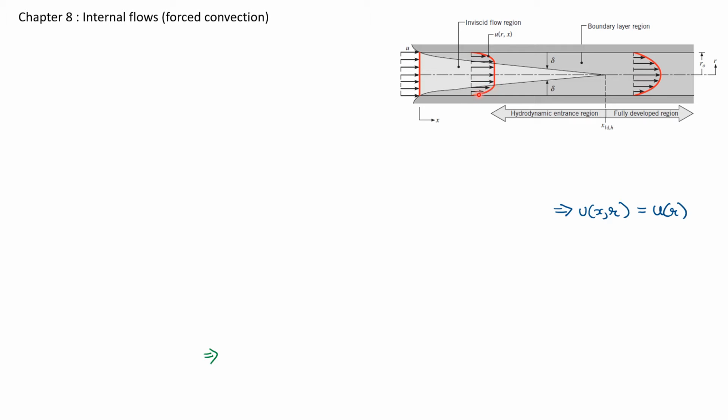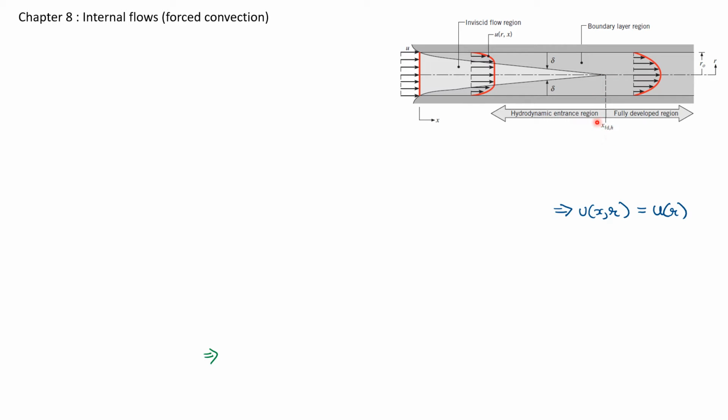And then again you'll have a curvature or a gradually increasing velocity in the lower boundary layer as well. And this flat portion of constant velocity decreases gradually as the boundary layer increases and goes away as the two boundary layers merge.